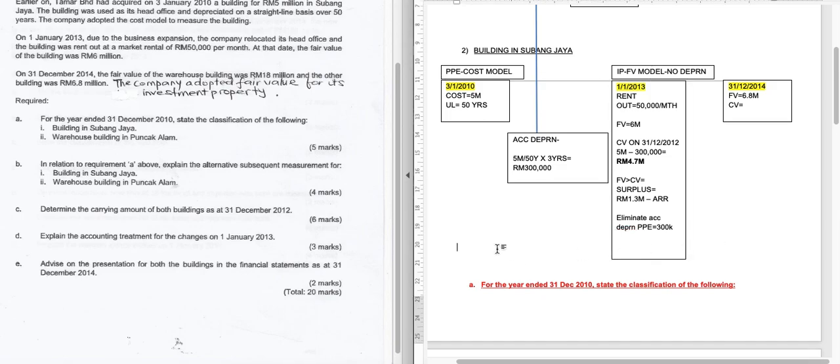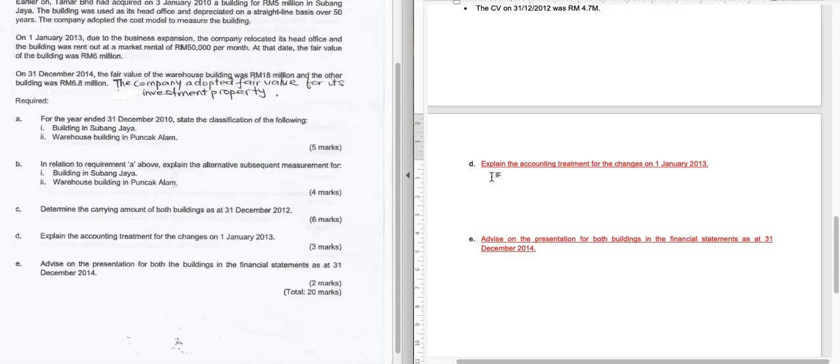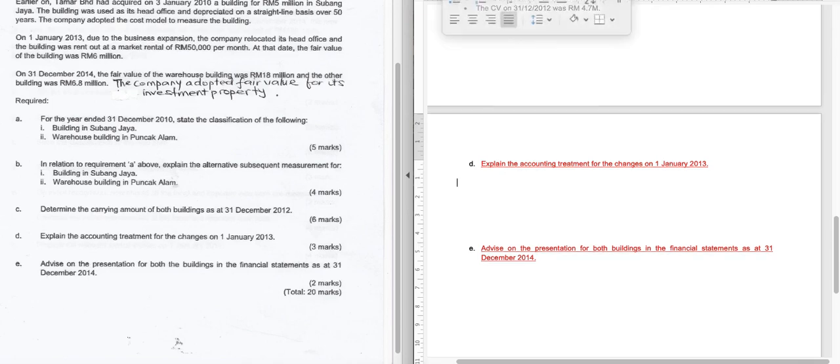Now let's do the answer. Explain on the accounting treatment. Alright, so the answer will be: on 1st January 2013, there was a transfer from PPE to IP due to change of use.